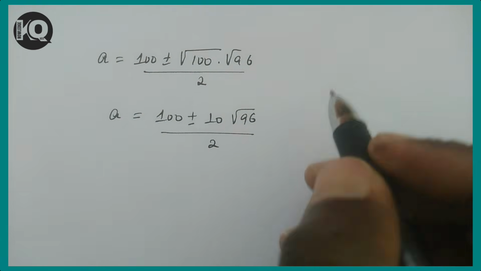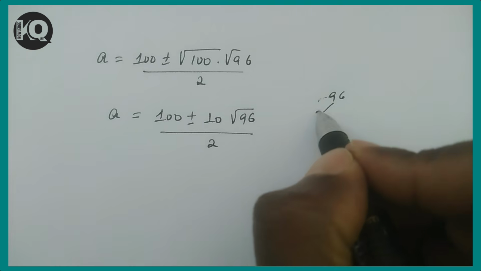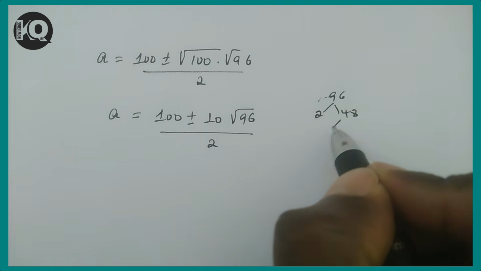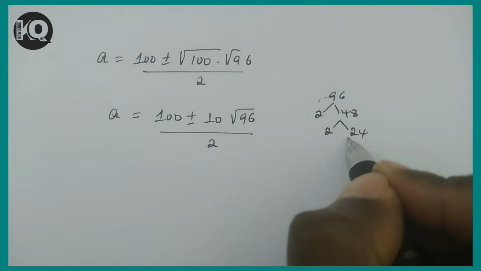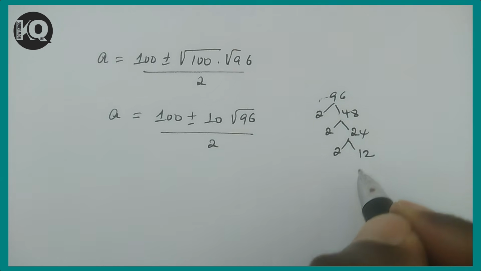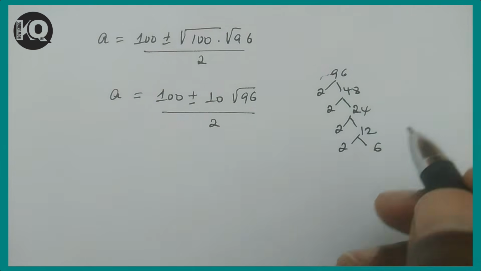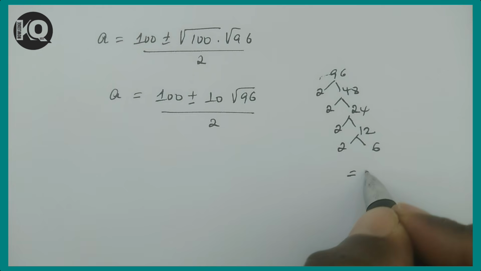Let's factorize 96: divided by 2 is 48, divided by 2 is 24, divided by 2 is 12, divided by 2 is 6. So 96 is 2 to the power of 4 times 6.